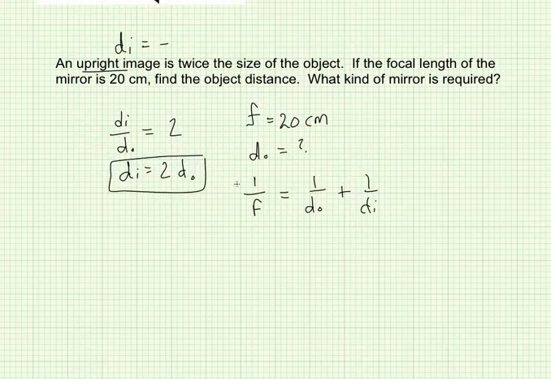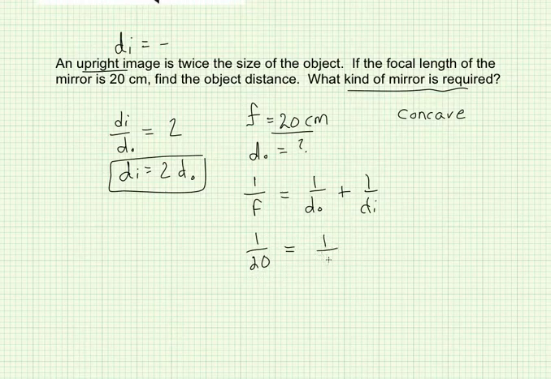All right, so I have this mirror, and I'm getting an image that's twice the size. It's magnified. That means right off the bat, you need to know that this is a concave mirror, meaning that that focal length is going to be positive. So I have 1/20 = 1/object distance. But since this is an upright image, I know DI is going to be negative.